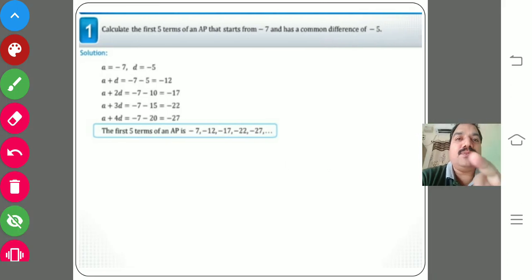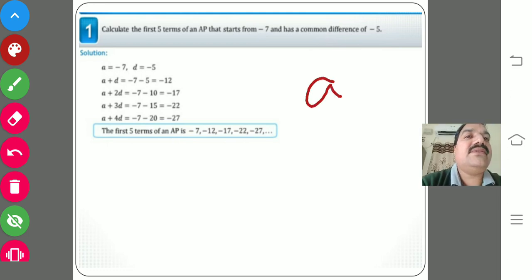Yes, here some problems are there. You just see that. Calculate the first 5 terms of an AP that starts from minus 7 and has the common difference 5. So here it is given to calculate the 5 terms of the AP.